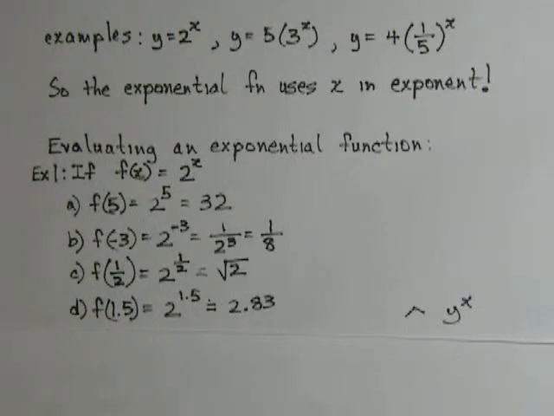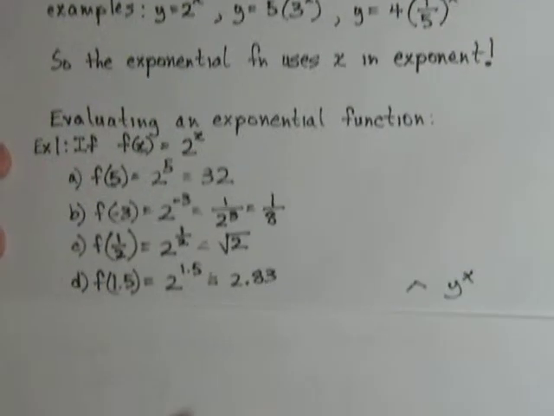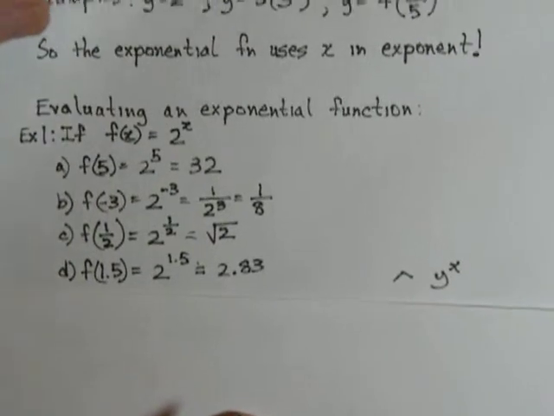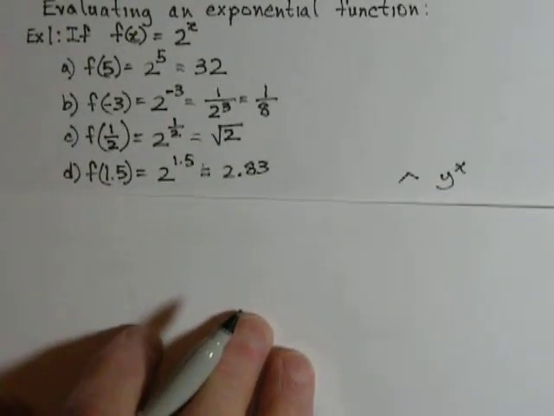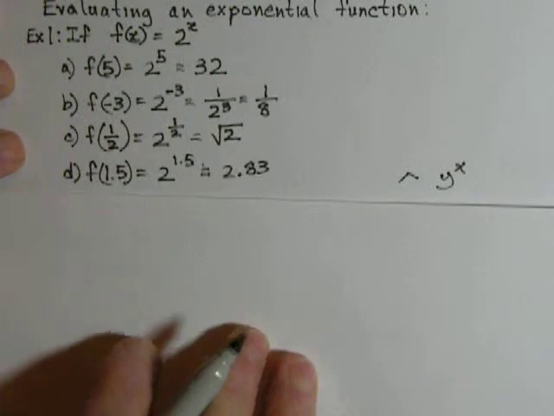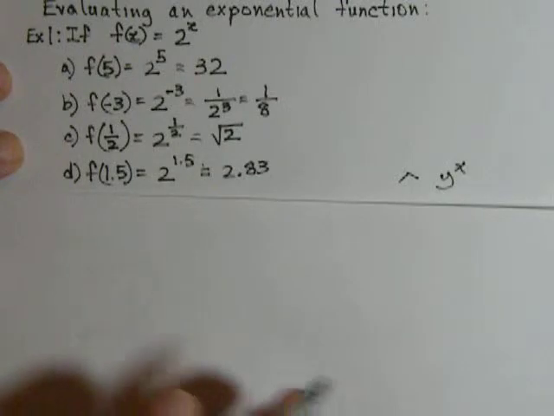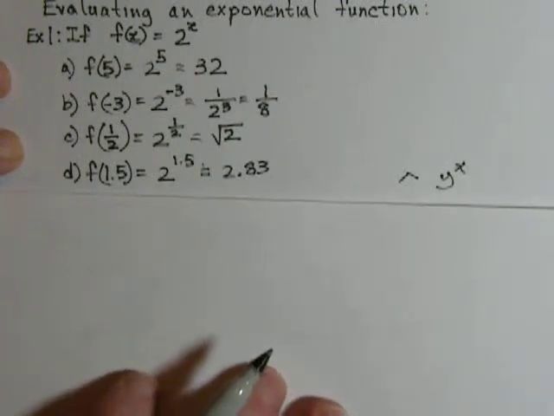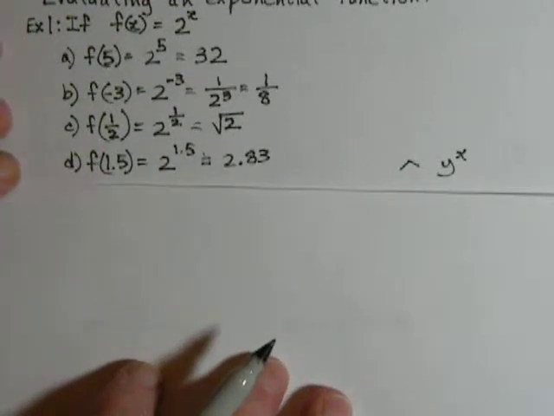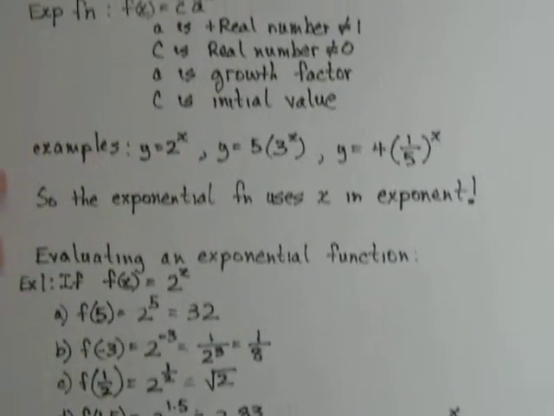Now, the next thing I'm going to talk about is the graph of an exponential function. And basically, the graphs are going to fall into one of two categories. And the categories are determined by the base, which is a. And there are two possibilities for a.